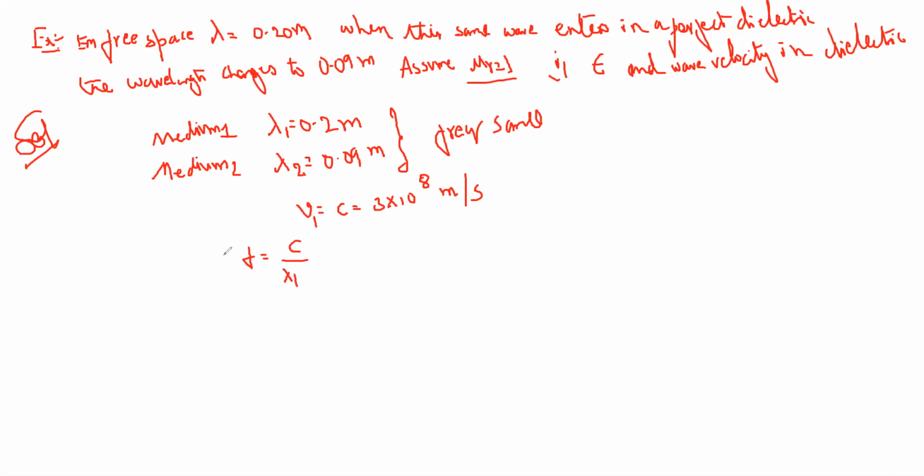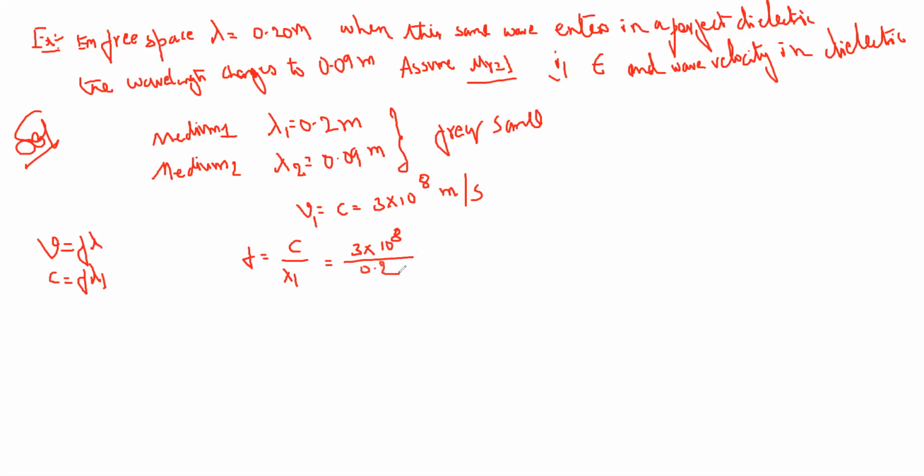So we know the velocity V is equal to F lambda. That V, I am saying, is C here, and F lambda 1. So I need the frequency, F is equal to C by lambda 1. What is C? 3 into 10 to the power of 8 by lambda 1, which is 0.2.